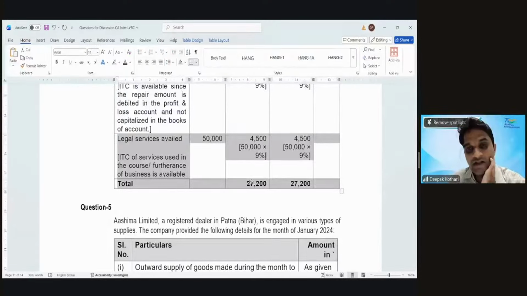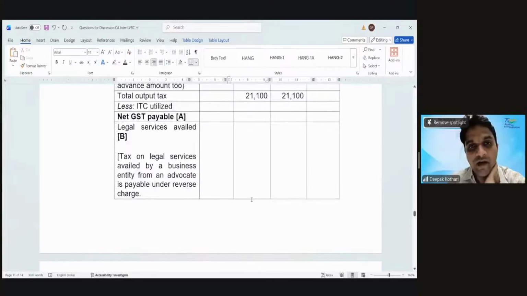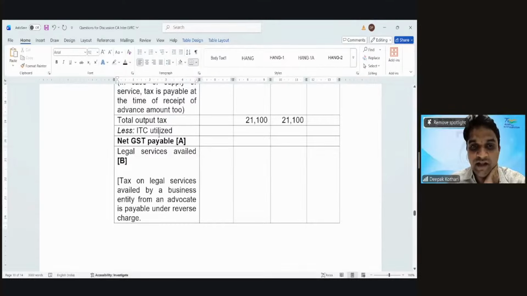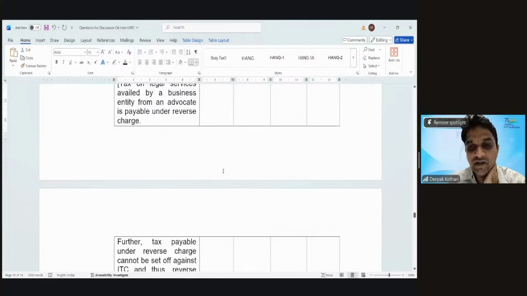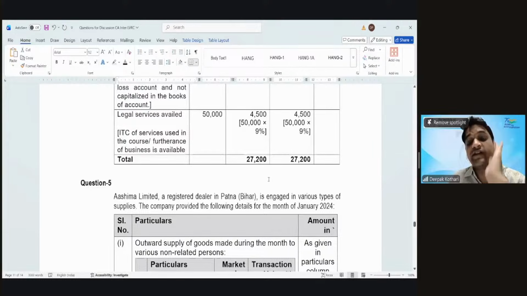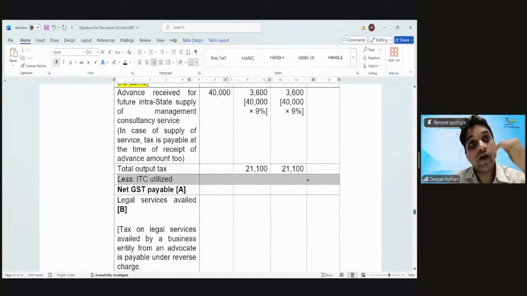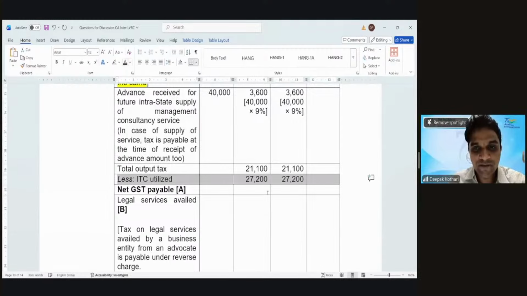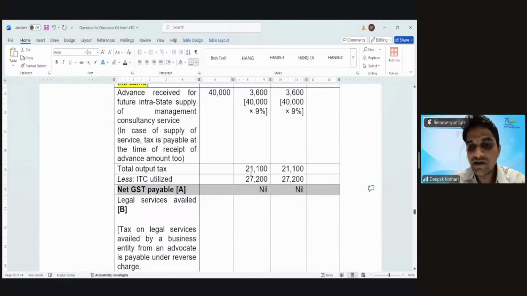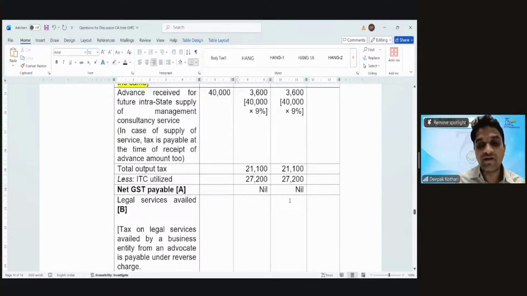ओके, so you have utilized this, ITC में ऐड हो गया है। Now how much of ITC we can utilize? We can utilize 21,100 and 27,200 ITC है, तो मैं पूरा ITC यूटिलाइज कर दूंगा। करेक्ट, because मेरा आउटपुट टैक्स कम है, ITC ज्यादा है। So I have utilized ITC 27,200 में से 21,100, so net GST payable will be zero. So ITC utilized effectively is 27,200 में से 21,100 only, not 27,200 fully, because you cannot utilize more than what is payable.